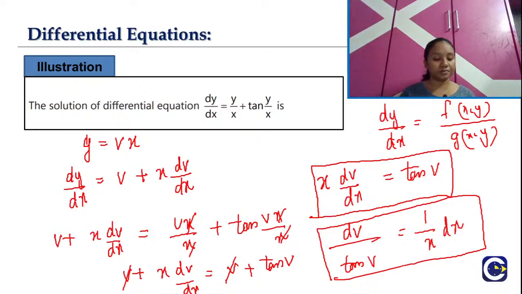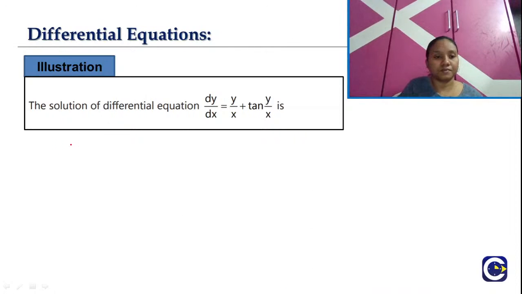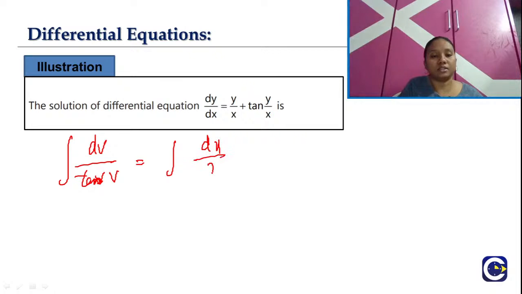So what's the answer here? dv by tan v equal to dx by x.